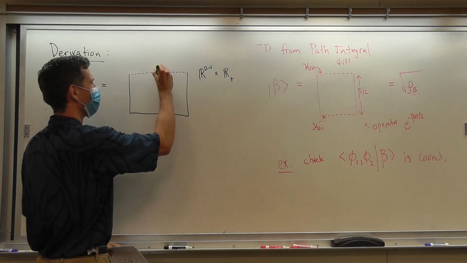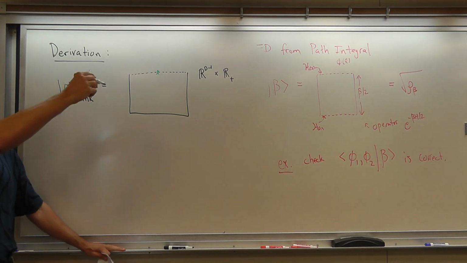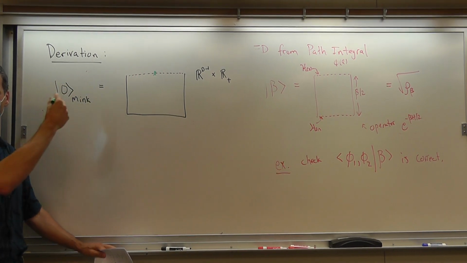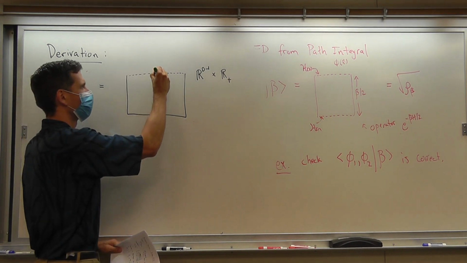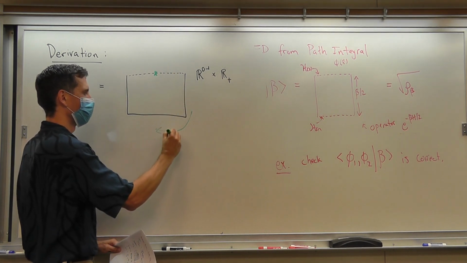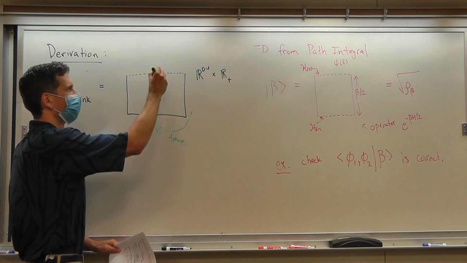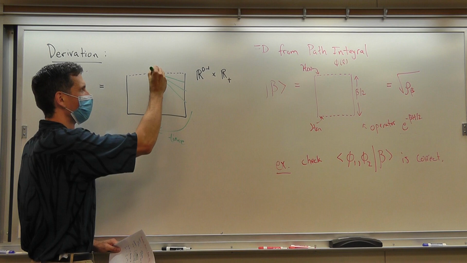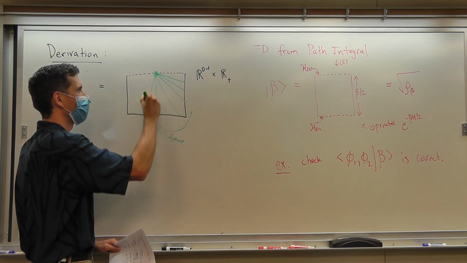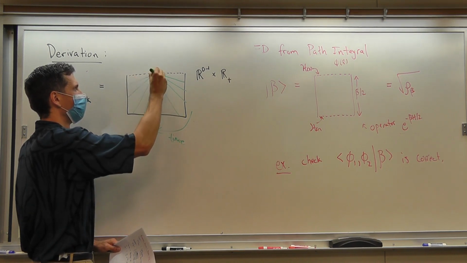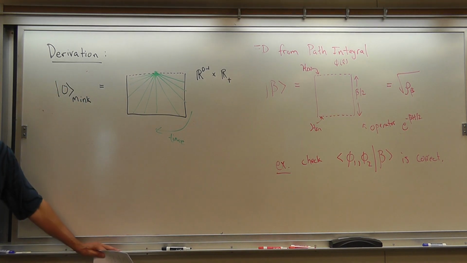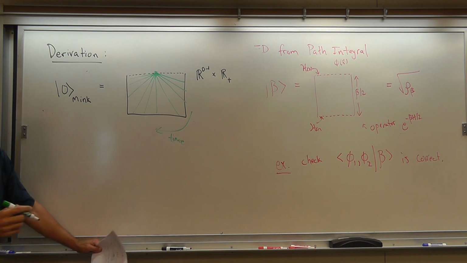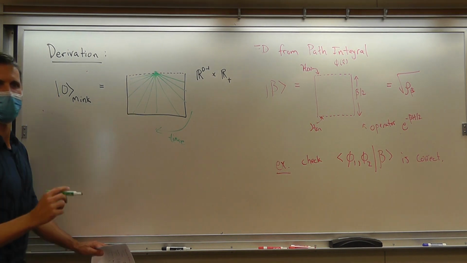To reinterpret it, we're going to think of the angular direction, the theta direction, as time. Okay, so time goes around this way, which means that time slices look like spatial slices. Space looks like this. So what is this manifold?